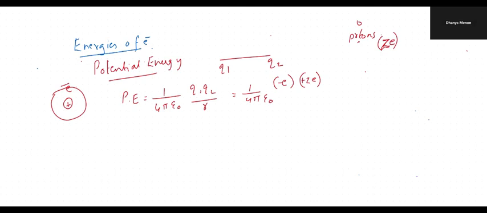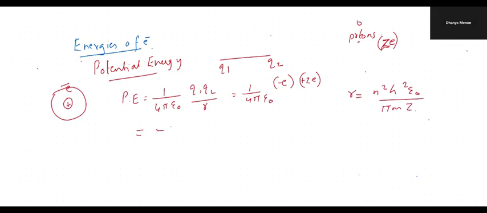Okay, students, we already know the value of R. It is n square h square epsilon naught by pi m Ze square.